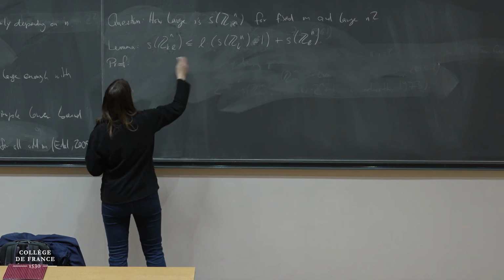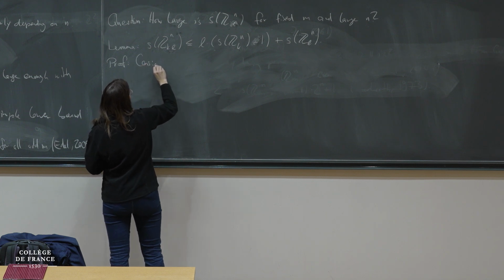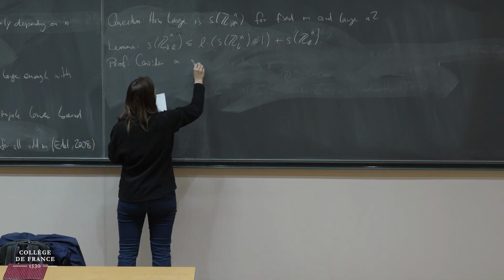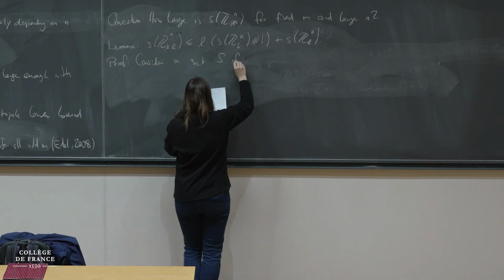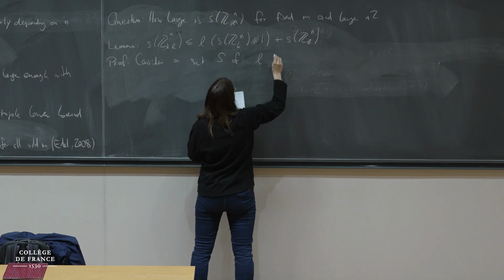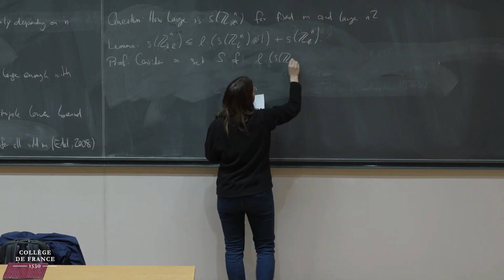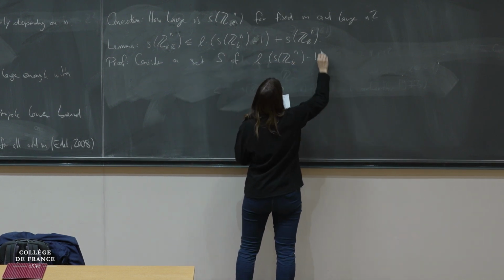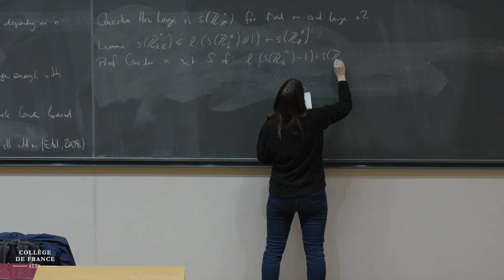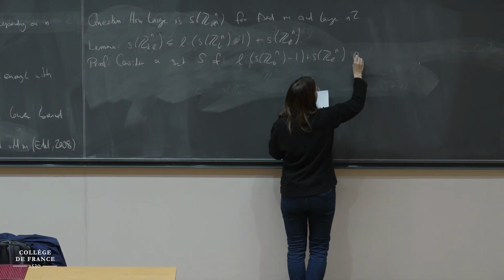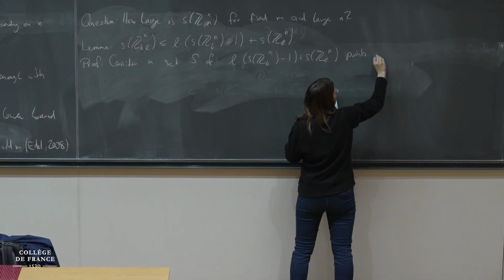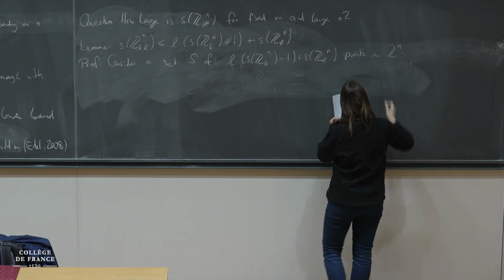So let's consider that many points. Consider a set S of L times S of Z_K to the N minus 1 plus S of Z_L to the N points in Z to the N.